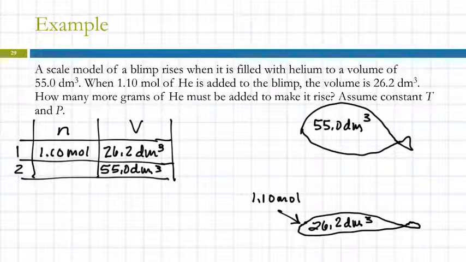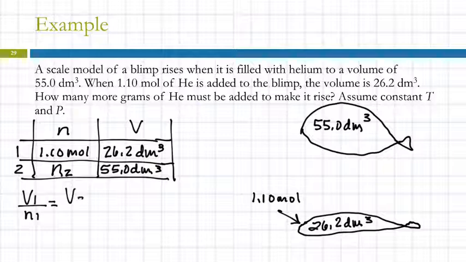So we've got a table there of N's and V's, and we could find out what N2 is. Is that the amount of helium in grams that we need to add? No. That's the amount of helium in the balloon in moles that we need to get to. So that's partway to our answer, and then we're going to have to do some other calculations.